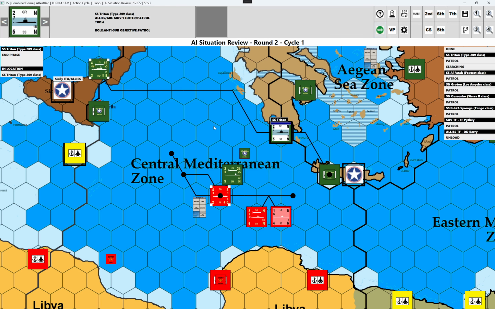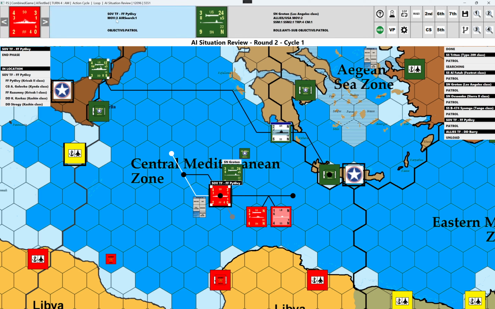Okay. Triton's in searching, which means it should now have movement. Yeah, it should have 1 point left. The task force here has 3 points left. Okay, it moved one. I think these guys will likely detect each other after this round.